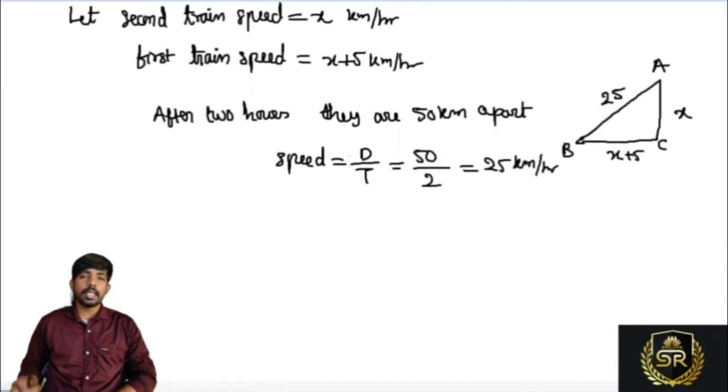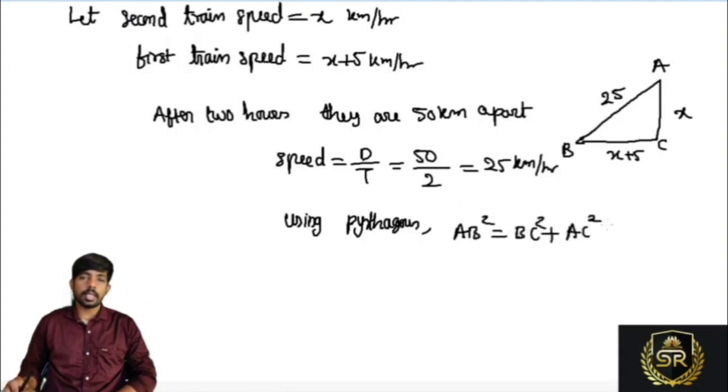Next, in a right angle triangle, using Pythagoras, hypotenuse square is equal to base square plus height square. So from here AB square is the hypotenuse, 25 square, and BC is x plus 5 whole square, plus AC is x square.